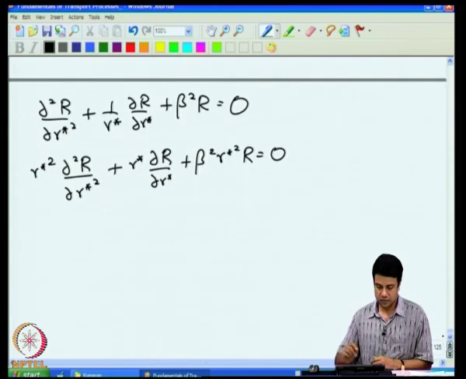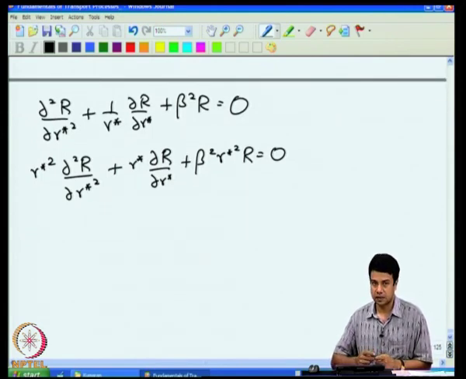Note that the first two terms on the left hand side are equidimensional in r. They have r square times d square R by dr square and r times dR by dr. So, if I multiply r by any constant, these first two terms do not change, because they are equidimensional in r.